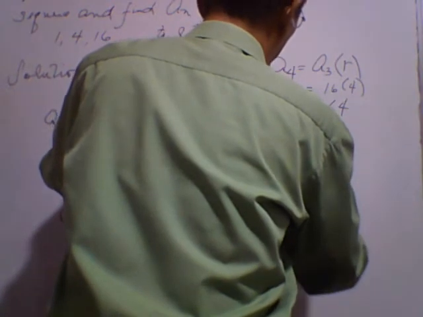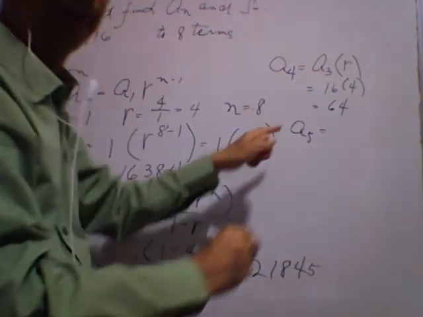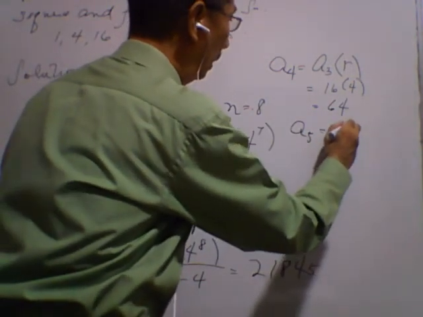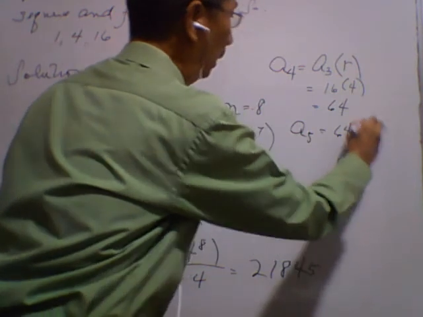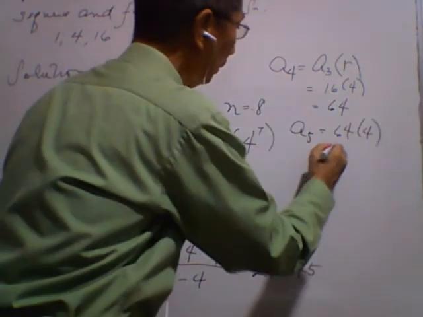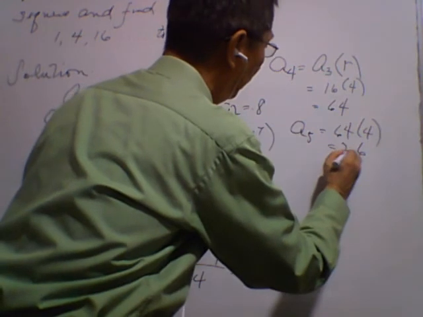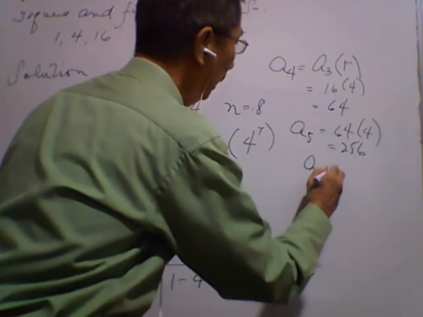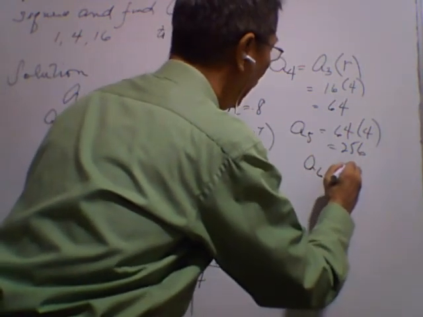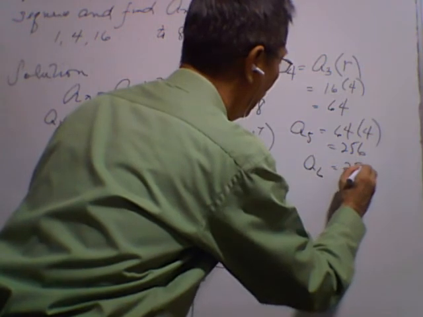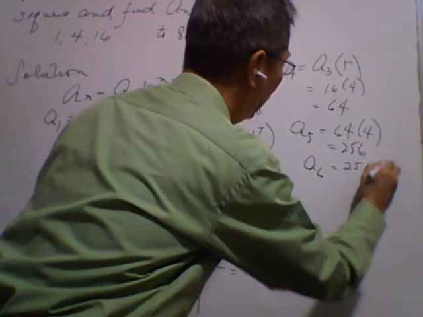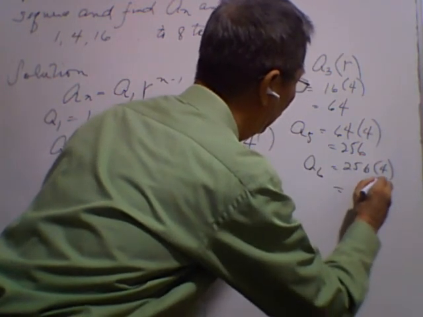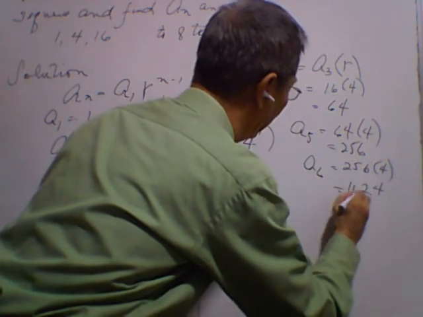So A sub 5 here is 64 times 4. So that will be equal to 256. And the last term that we're looking for is A sub 6, which is equal to 256 times 4, and that will be equal to 1024.